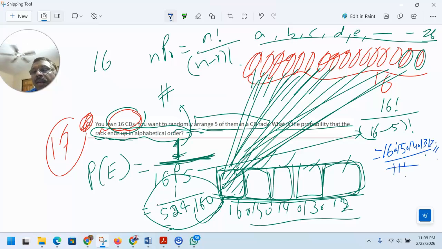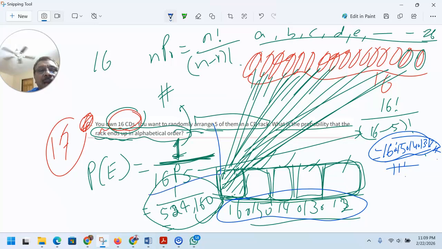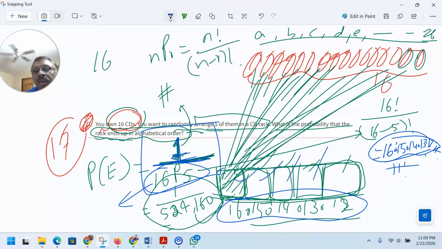So that 11 factorial will cancel out, and this is the same thing. But as I said, you could directly do it like this. So there's only one option to have alphabetical order, but then your total number of possible outcomes picking 5 is such a big number here. So I hope that makes sense.